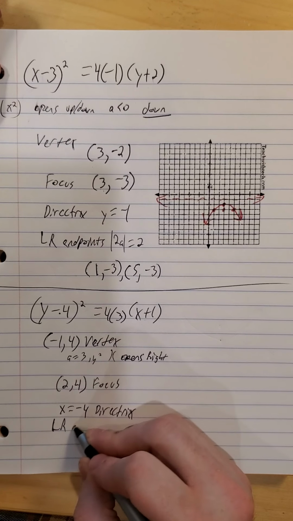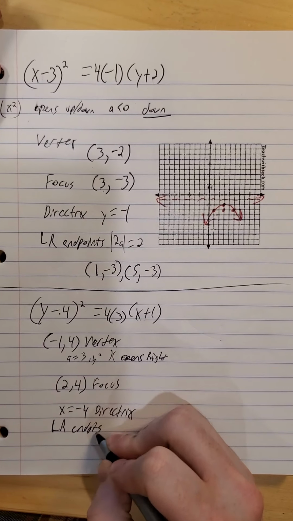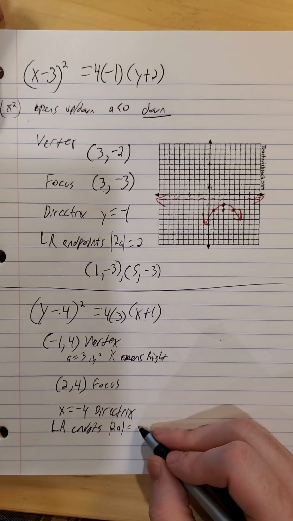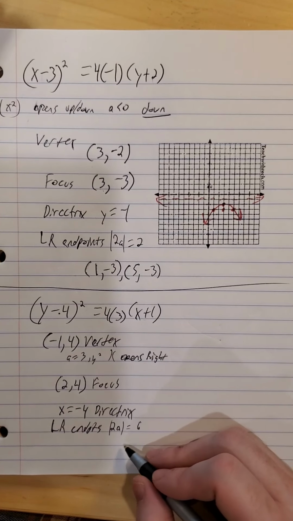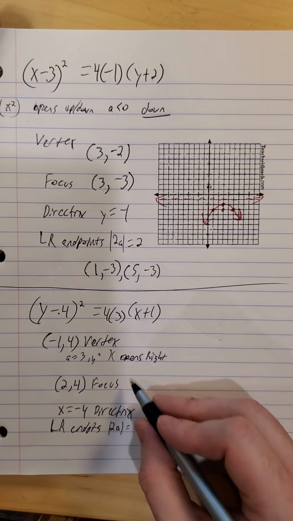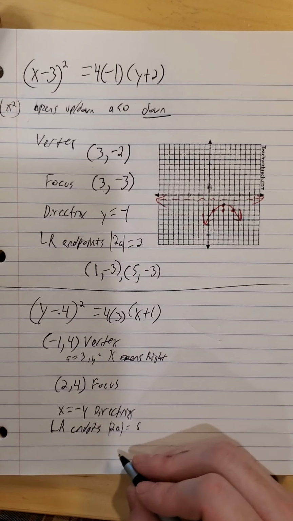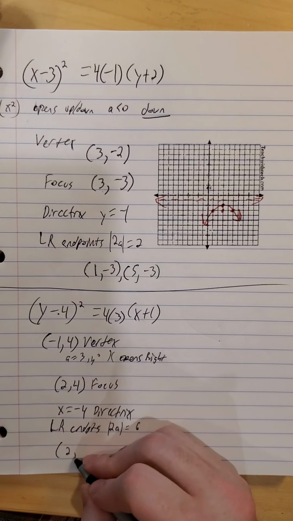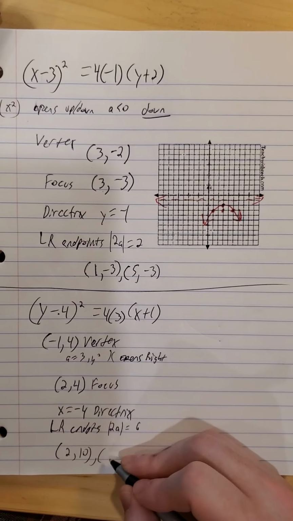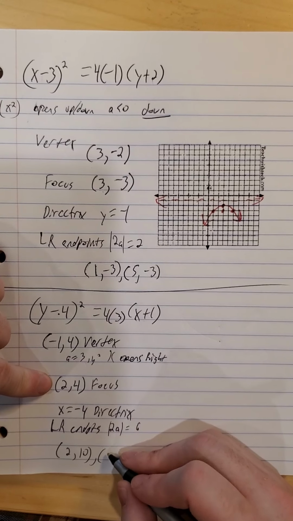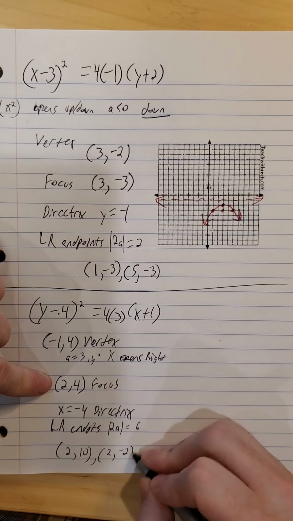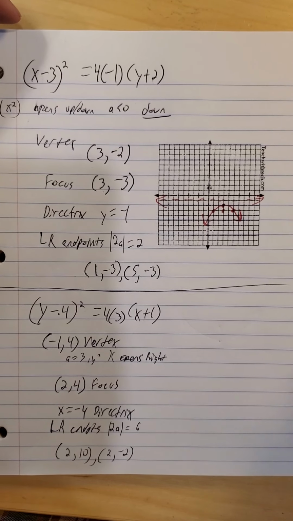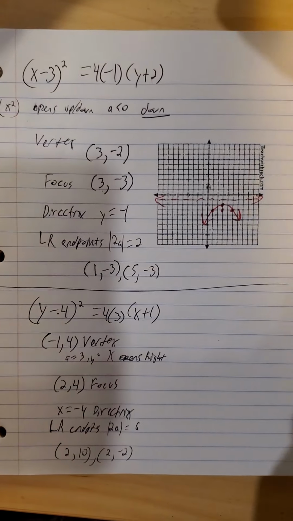Latus rectum endpoints: absolute value of 4a here is 6. So 6 units, in this case up and down from the focus. 6 units up puts us at (2, 10). 6 units down puts us at (2, -2). And that's enough information to sketch your nice pretty curve.